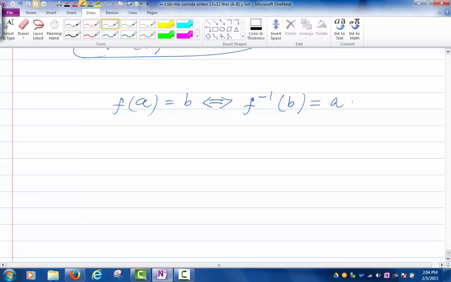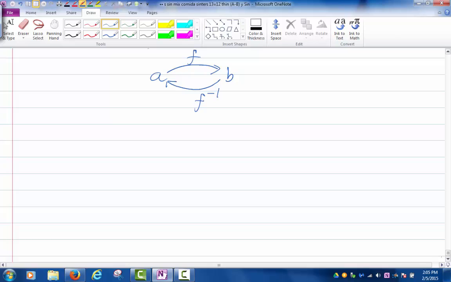You agree? In other words, if f is taking a to b, then f inverse is taking b back to a.